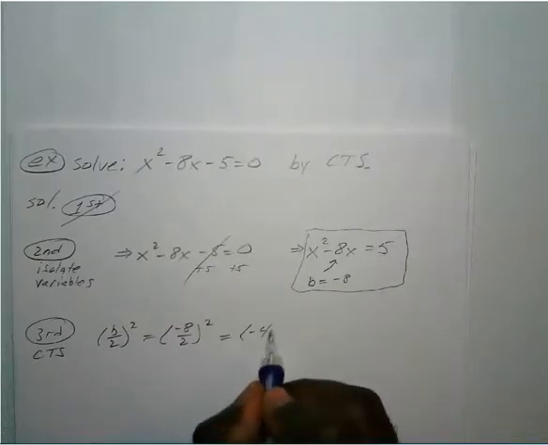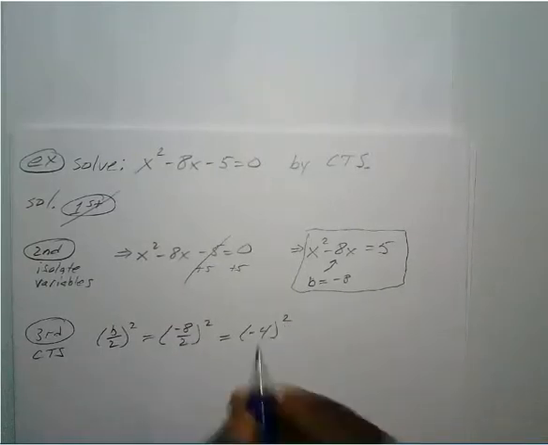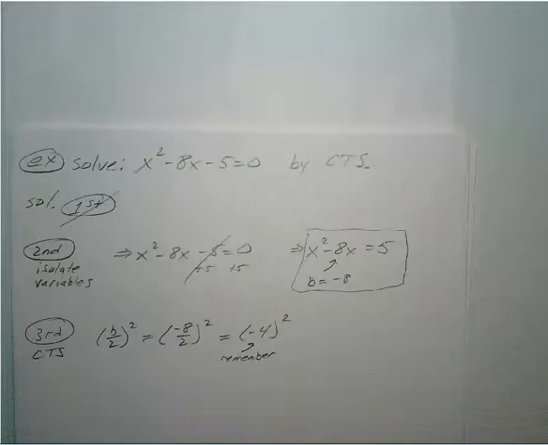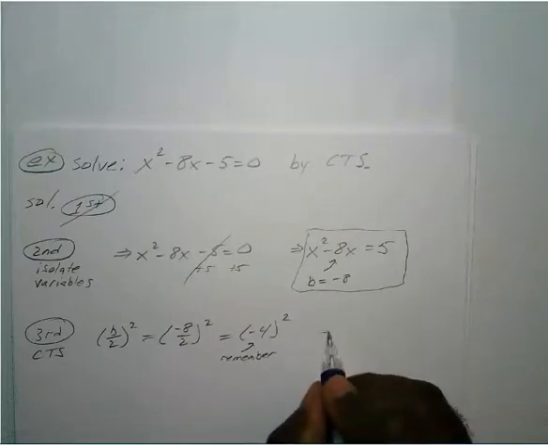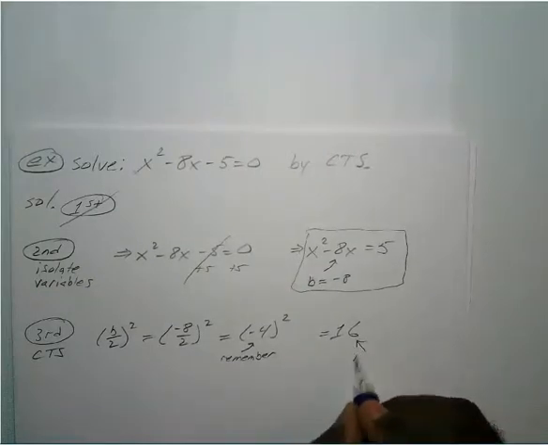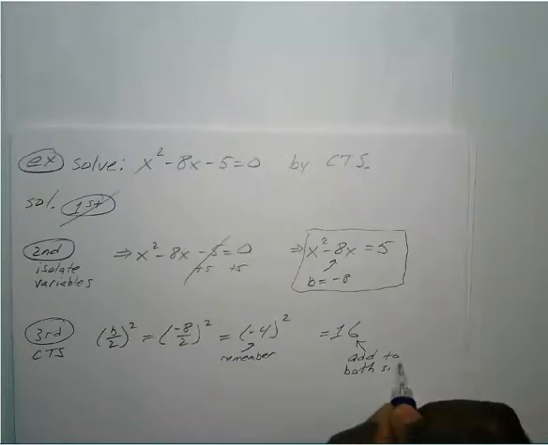That gives us negative 4 squared. Remember, before you apply the squared, you want to remember that value, because negative 4 squared is equal to 16. This is the value you want to add to both sides.